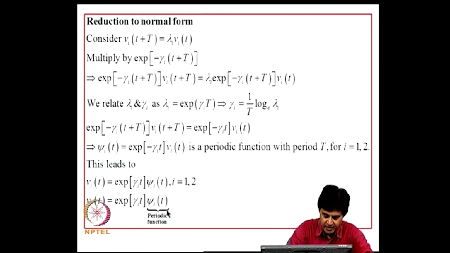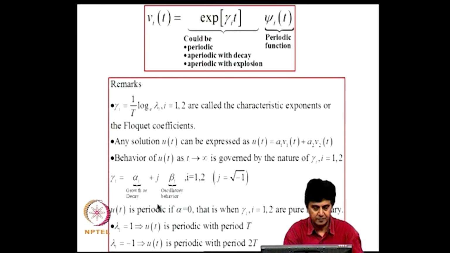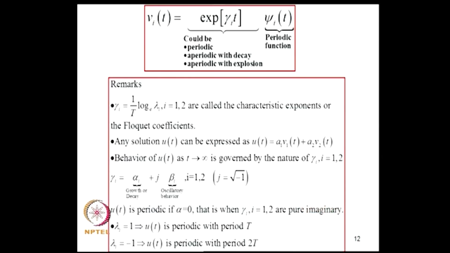So, what we have done now? We have expressed the solution as a periodic function multiplied by an exponent, and this exponent could be aperiodic with decay or aperiodic with explosion depending on the nature of gamma_i.